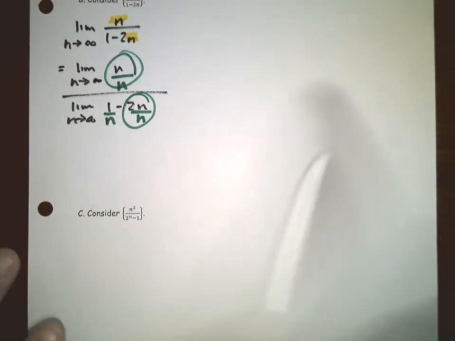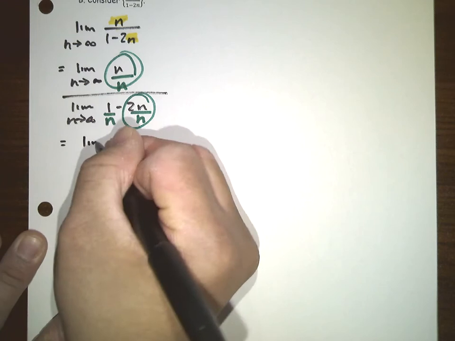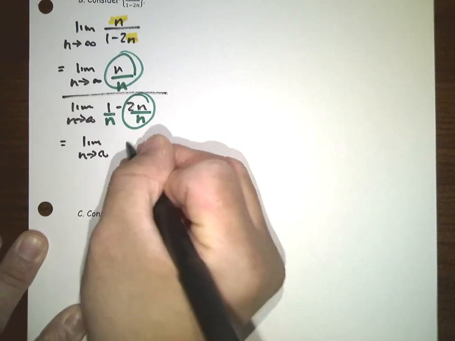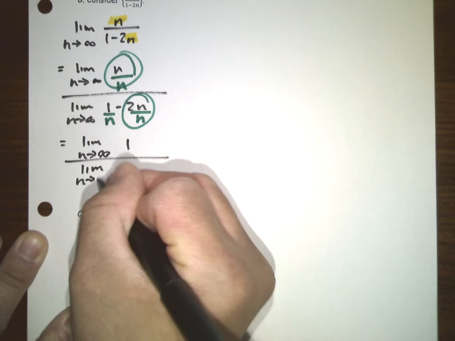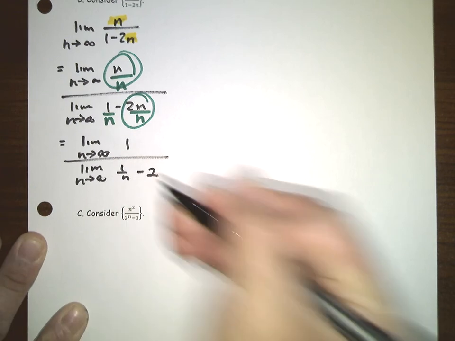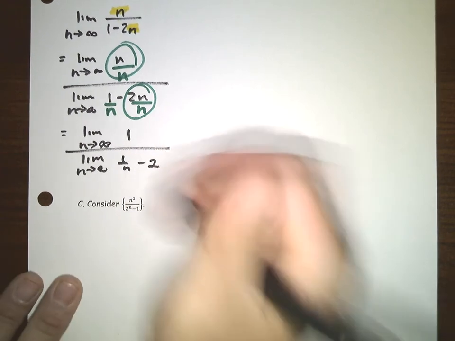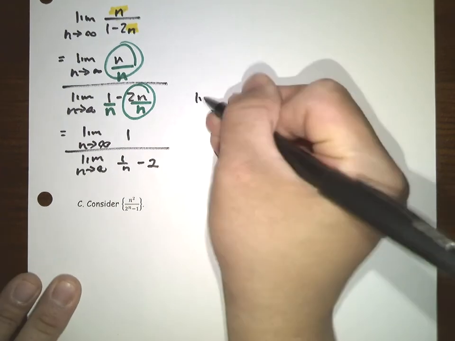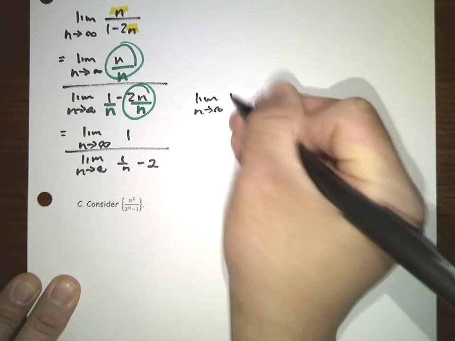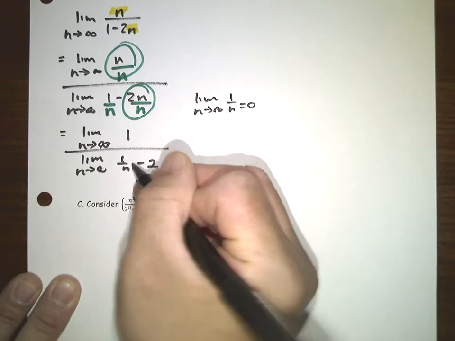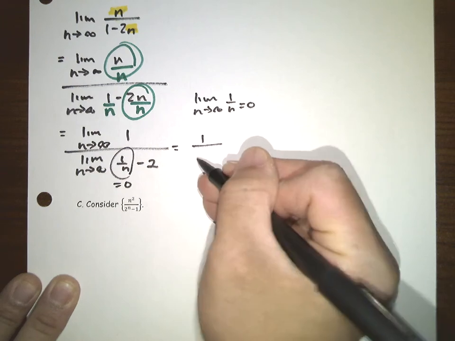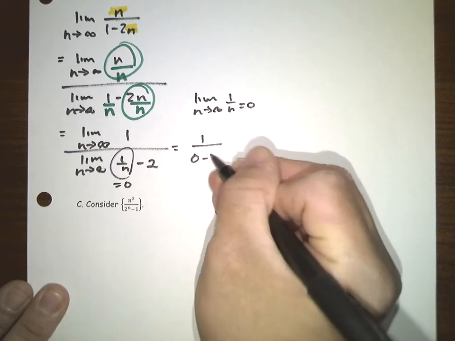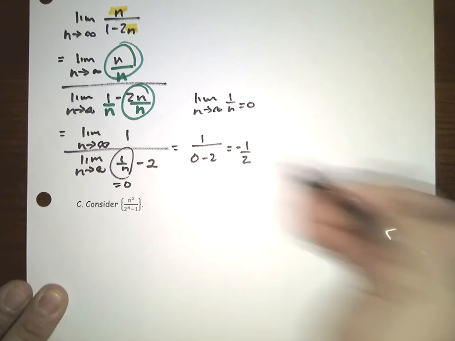So I'm left with the limit as n goes to infinity of 1 over 1 over n minus 2, but the limit as n goes to infinity of 1 over n is 0. So this term right here goes to 0. So I have 1 over 0 minus 2. That's negative a half.